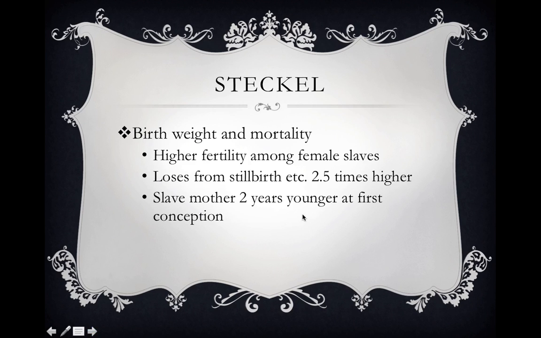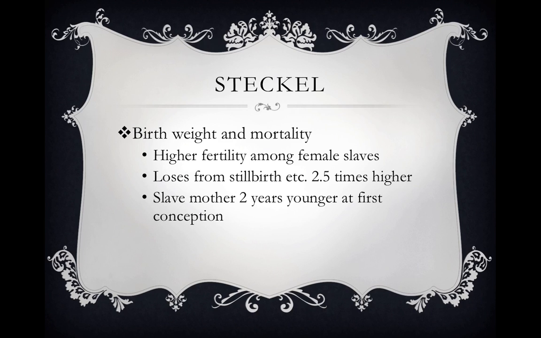He also addresses the fact that the population growth rates were similar because, with the higher mortality rates, slave women were having children at a higher rate than free women. There were twice as many pregnancies among slave women relative to free women, and the mortality, stillbirths, miscarriages, and deaths in the early stages of life for these children were twice as high.